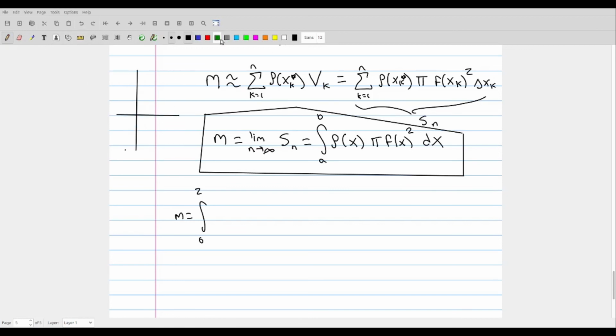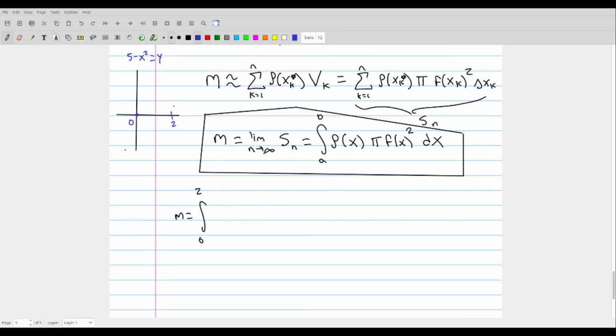You can really choose many different examples, but we'll do y equals 5 minus x squared, which at 2 is just 5 minus 4, which is 1, and at 0 it's equal to 5.